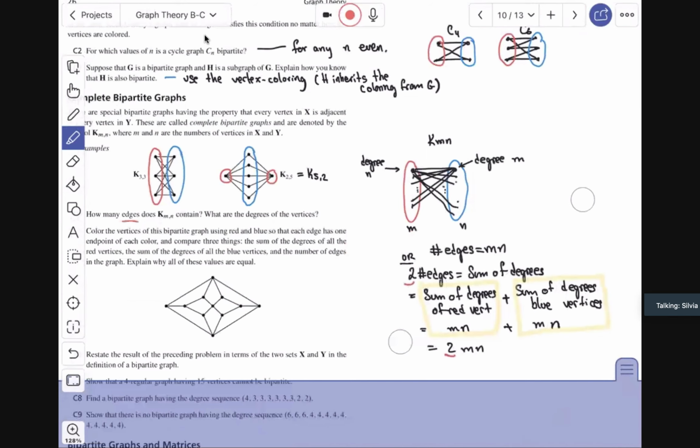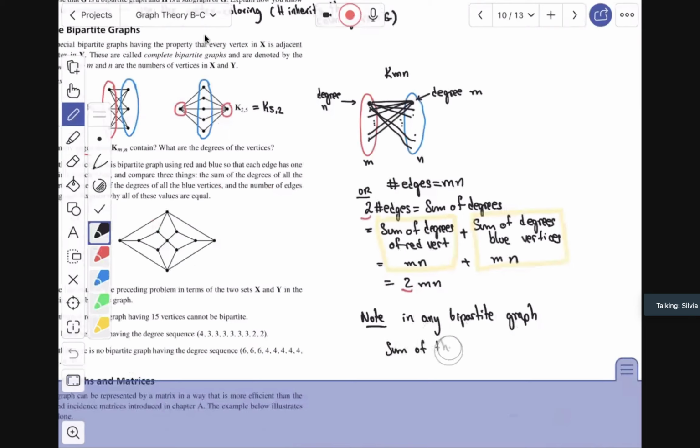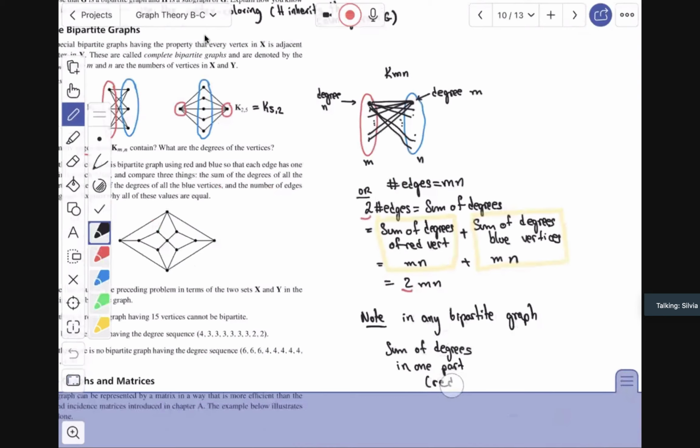And if I plot the graph, the sum of degrees in one part, so those are like the red ones, let's say, is equal to the sum of the degrees in the other part.